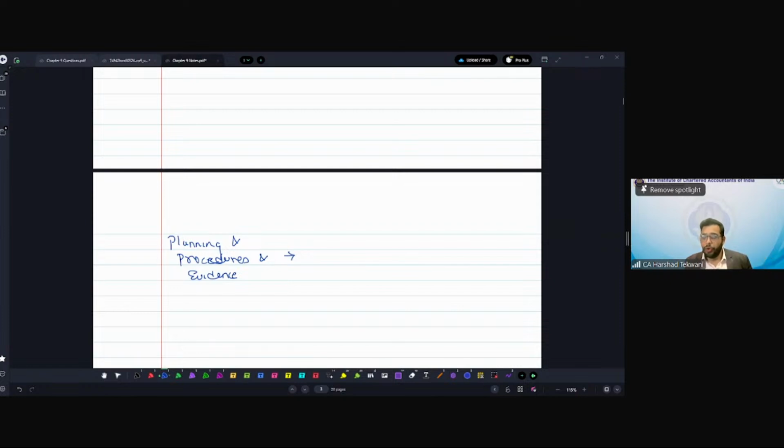So the planning and the plan of the work will totally depend upon the procedures that are required to be performed. Planning will depend upon procedures.